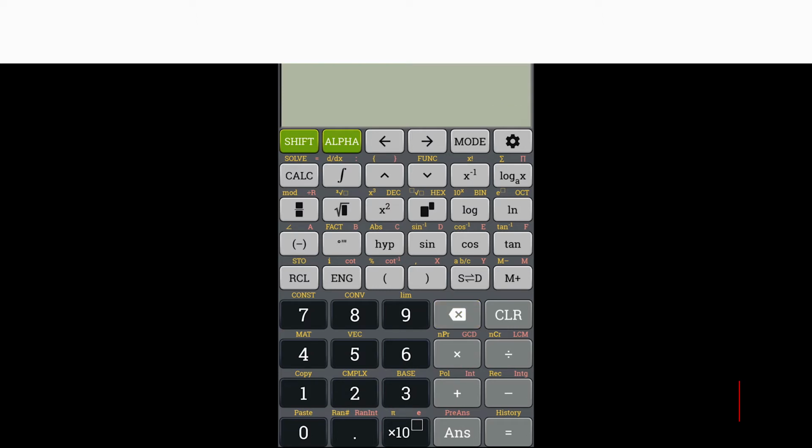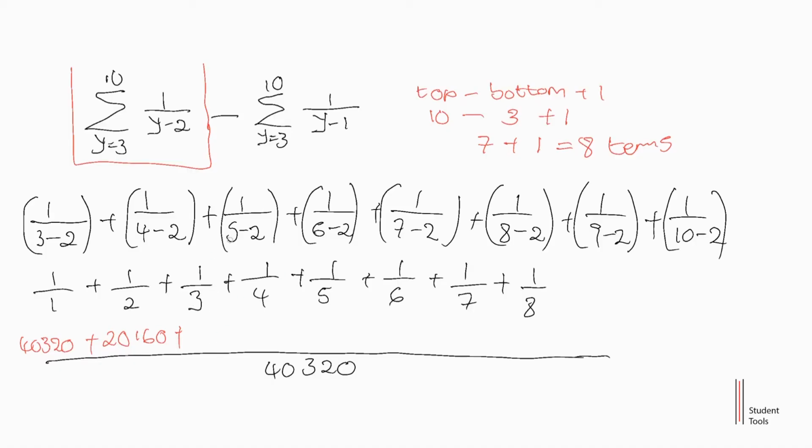So now we divide by 3. It is 13,440. 13,440 multiplied by 1 is still 13,440, plus 40,320 divided by 4.